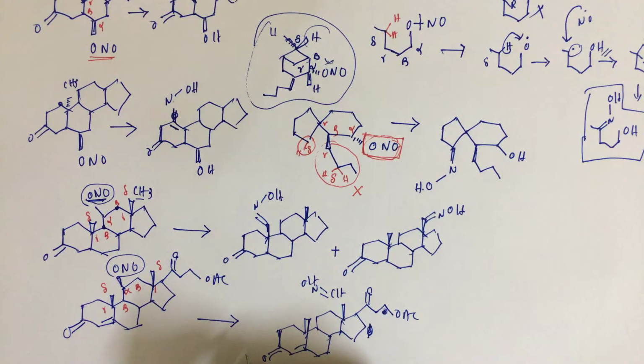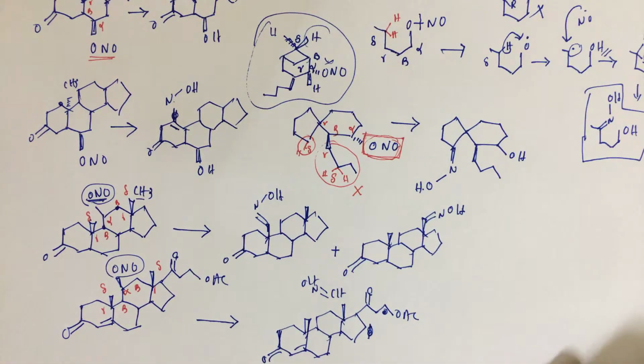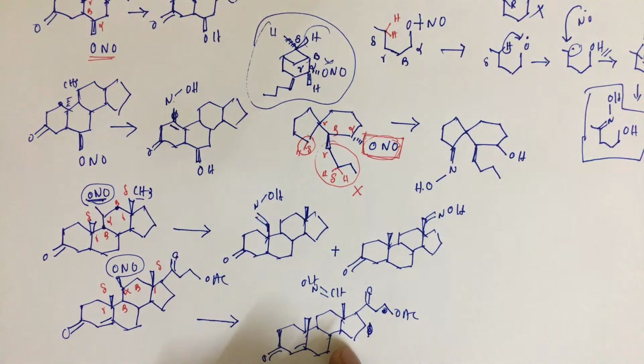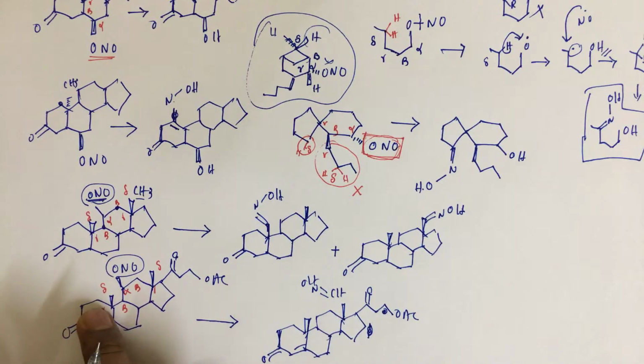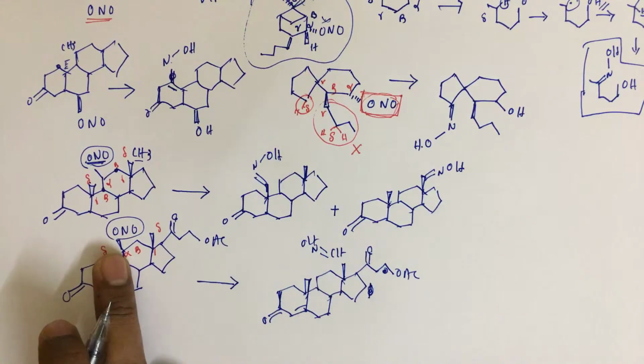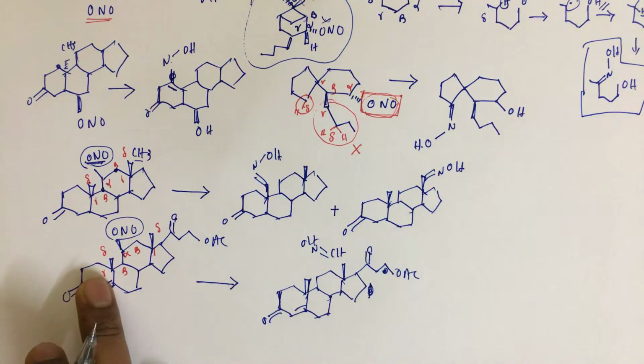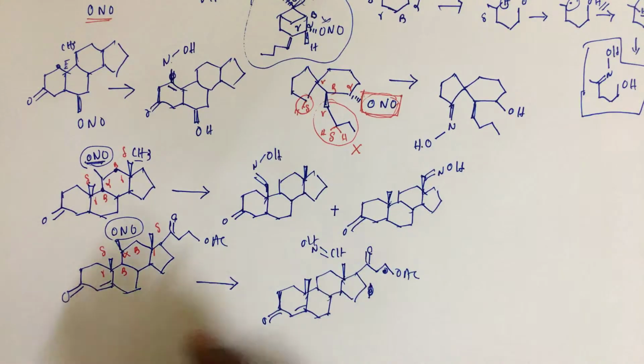No, not a mixture of products. So this is the first product, and this methyl group also is involved in the reaction, but the product that we will get is different.